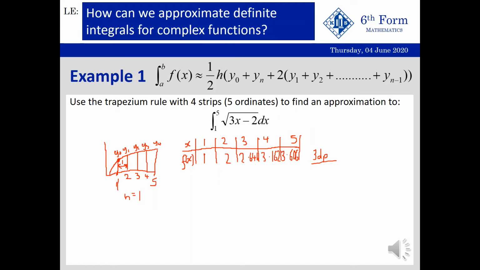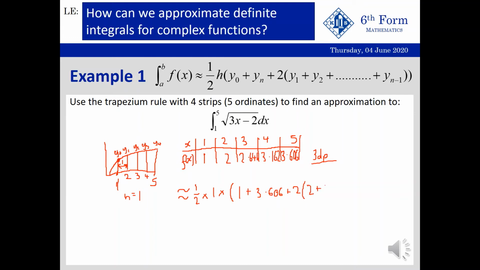Now we've got the values, we can plug them into the formula. So to approximate our integration, our approximate answer is going to be 1/2. The height value was just 1. Y0 is going to be this value, so 1. Yn from the formula is the final value, so the 3.606. And then we need to use 2 lots of y1, which is 2.